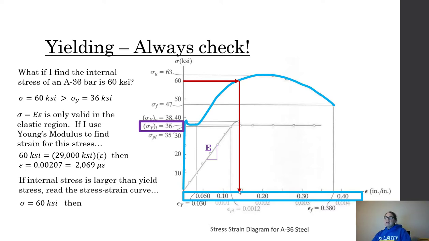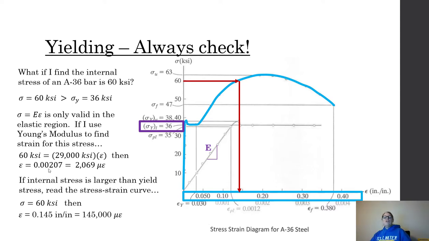So this might be 0.14, maybe 0.145. I can just pull a strain off the chart. Strain equals 0.145. That is so much bigger than the 0.00207 I would get if I used the elastic region.